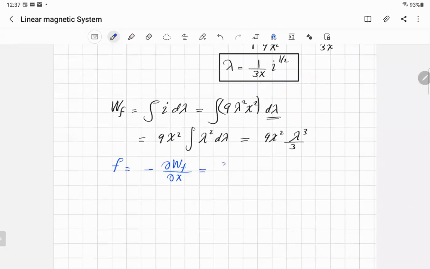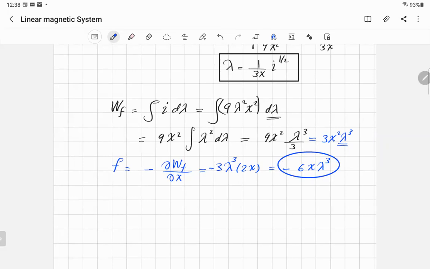Let's differentiate. 9 over 3 is 3, so we have 3x squared lambda cubed. 3 is a constant. You are differentiating with respect to x, so lambda is constant with respect to that. What's left is x squared. The differentiation of x squared is 2x. So the answer would be negative 6x lambda cubed.